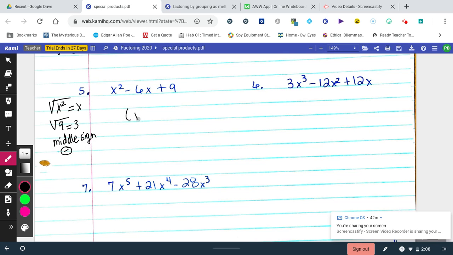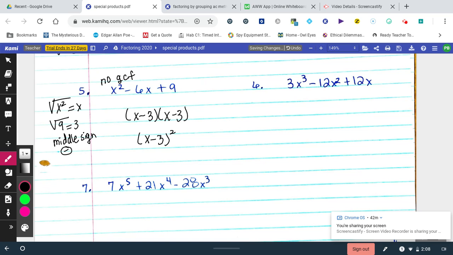So I'm just going to write x minus 3 times x minus 3. Or I could write x minus 3 squared. And again, there was no GCF to begin with, okay?